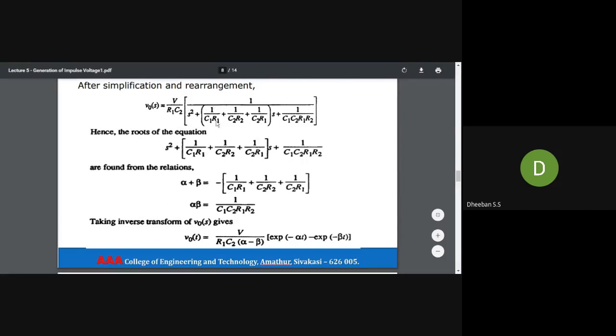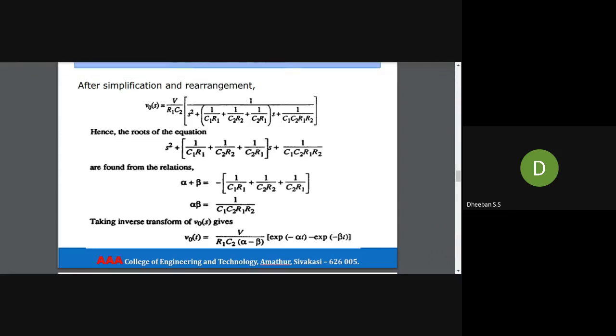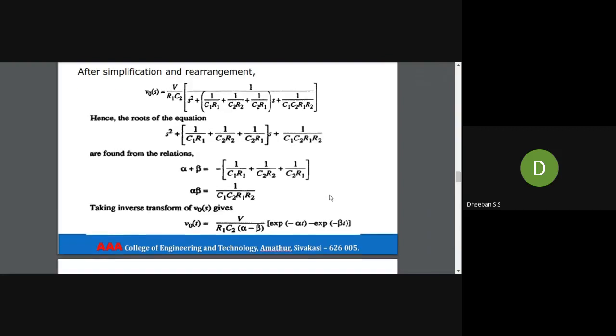So S square plus this term you will be getting. In order to find the roots of the equation, you find the sum of the roots and the product of the roots. So this is your sum of the roots value, and this is your product of the roots value. After substituting and taking the inverse, you will get the voltage.